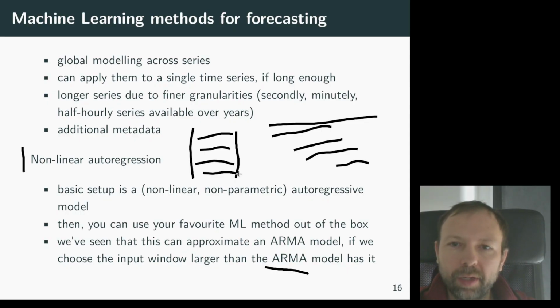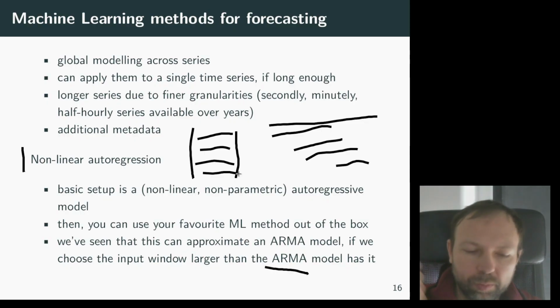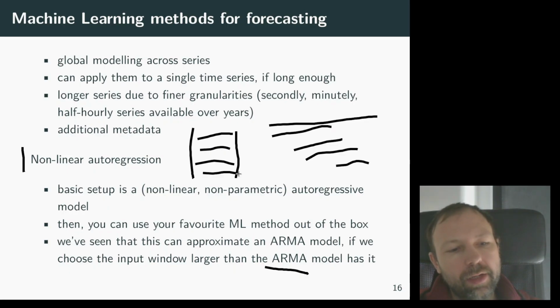Because for the MA part, we need the errors of the windows before. So we now need to step through the series. We would have to come up with very non-standard fitting and so on. But it turns out, as we have seen in theory session 1, that you can approximate the MA part with an AR part of higher order.